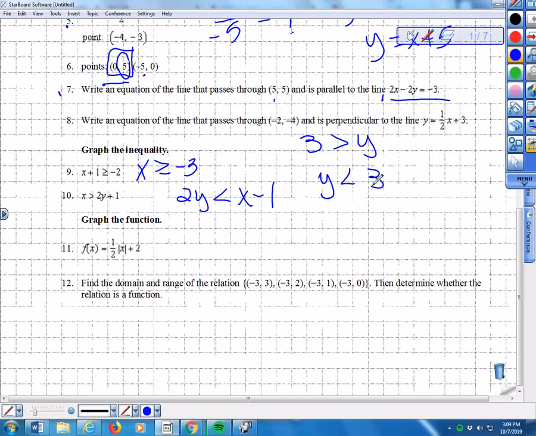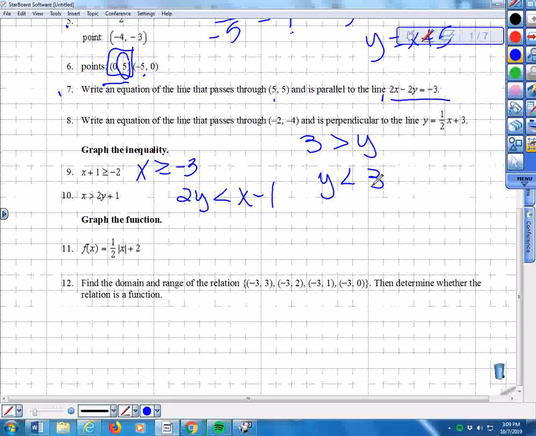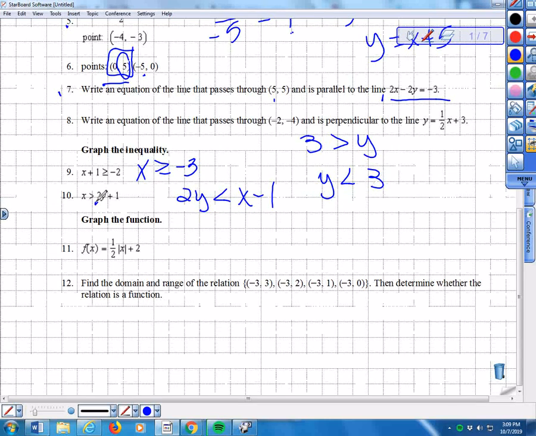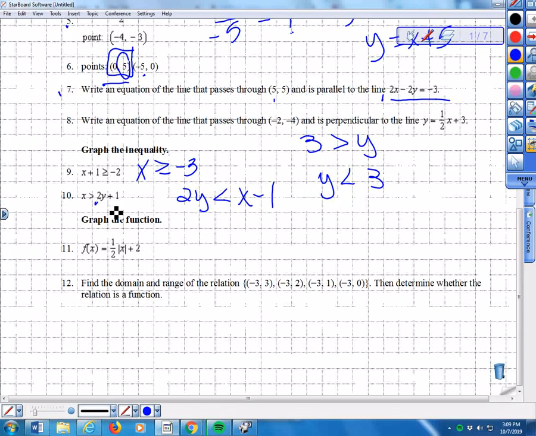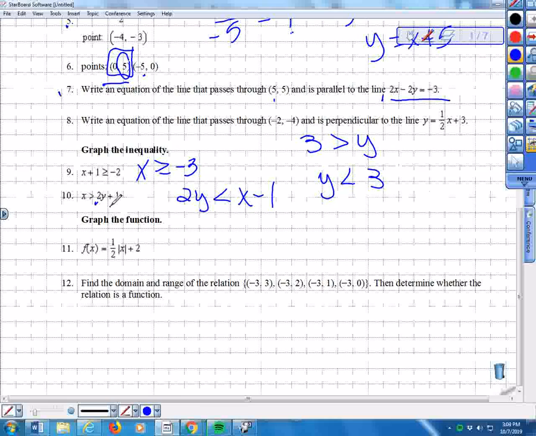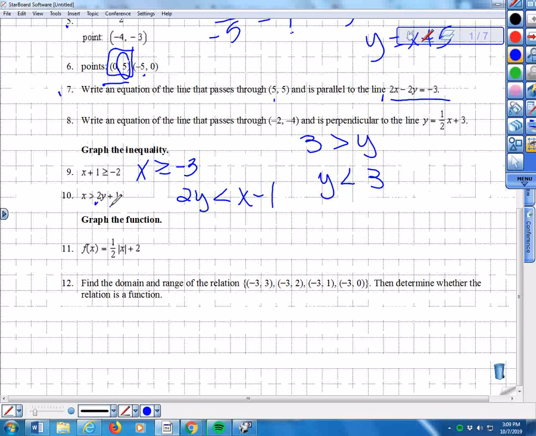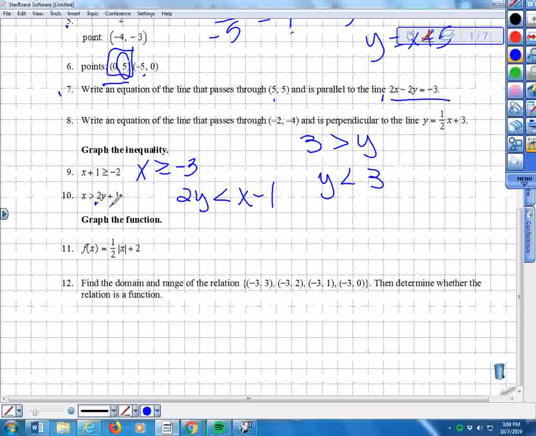Would it be negative? There's no negative here. But if you're subtracting the x over, would it be a negative? Well, I'm not going to subtract the x over because that's where the y is. I'm trying to get y by itself. If I were to, okay, I have 2y is less than x minus 1, right?